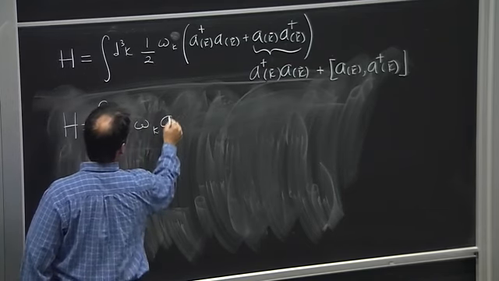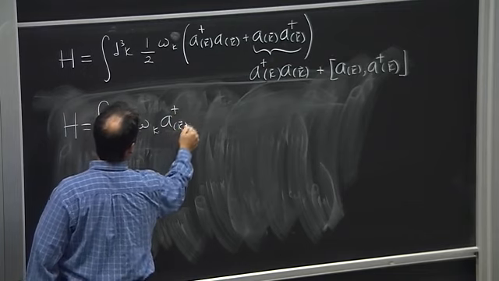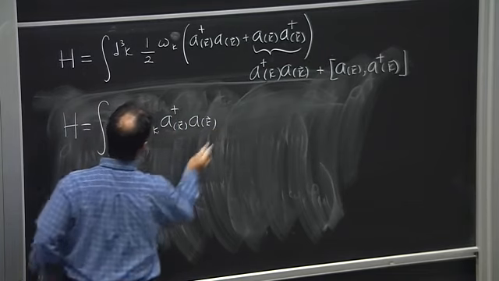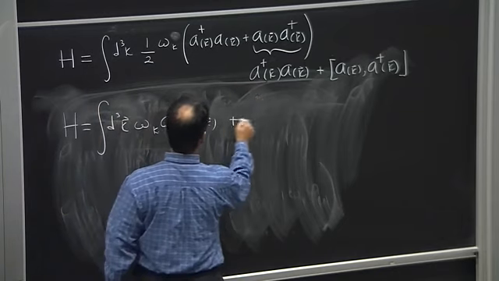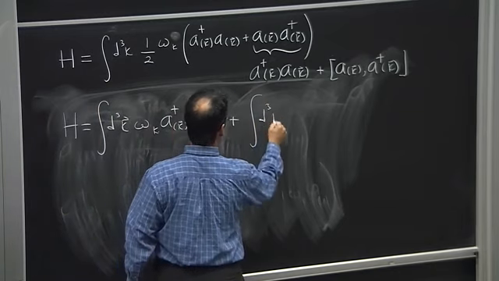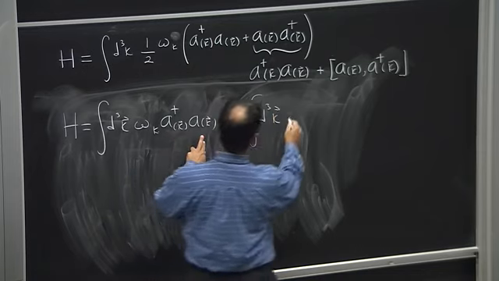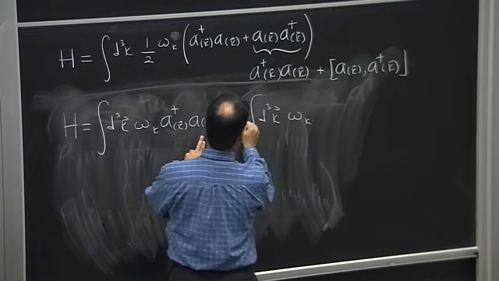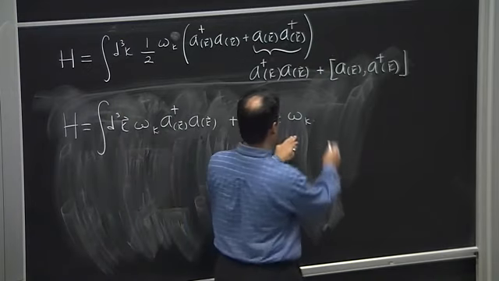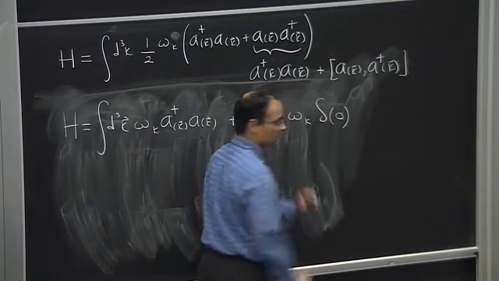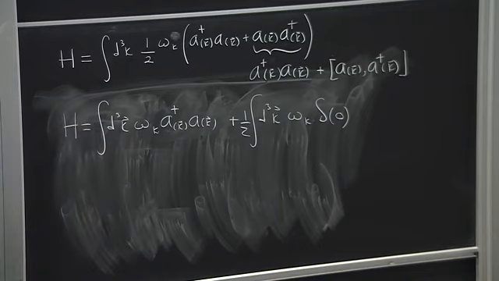So we get a very nice formula here. The factor of 2 drops out. That's all very pretty. And then we get factor of halves, which is very important. And this gives us a delta at 0.